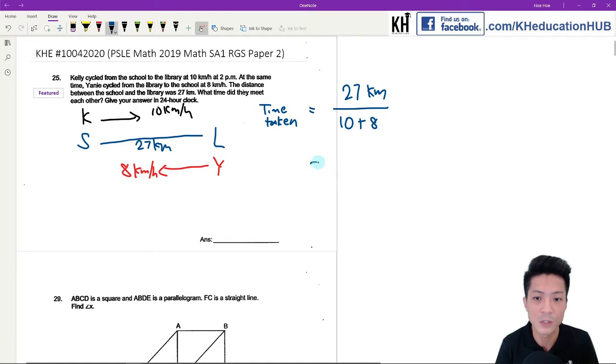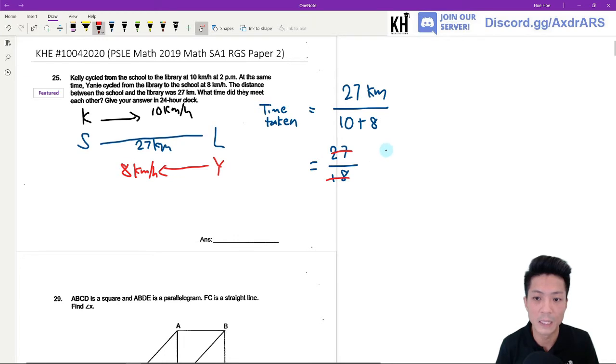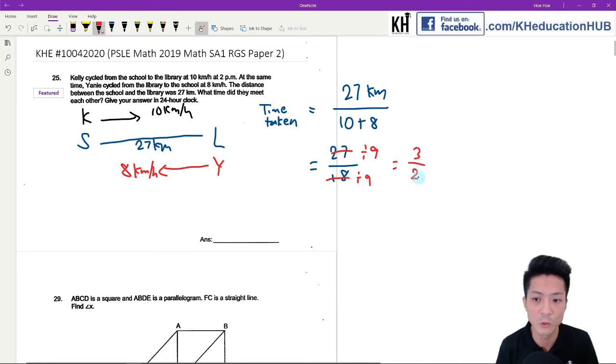So this is going to be 27 over 18. Change it to the simplest form. Divided by 9 will give you 3 over 2, which is 1.5 hours.